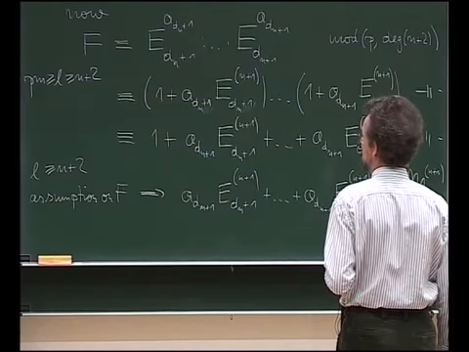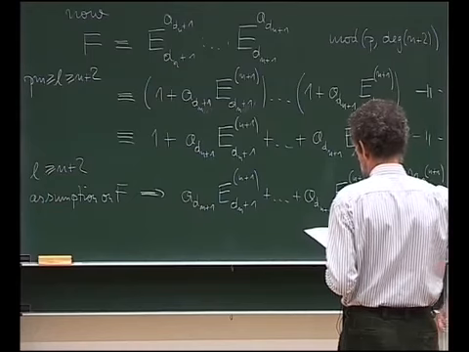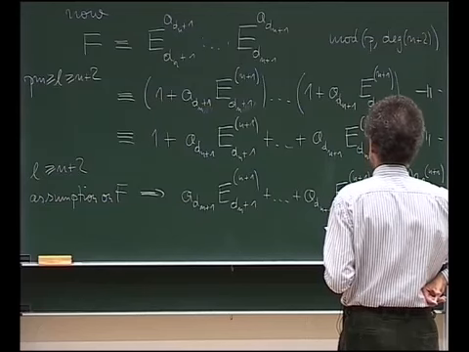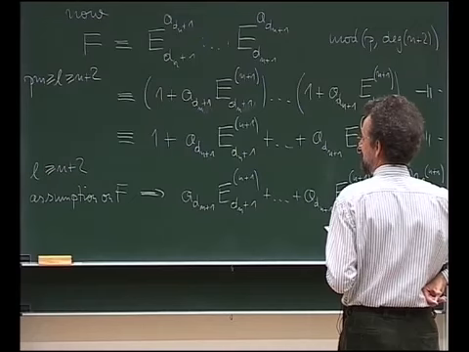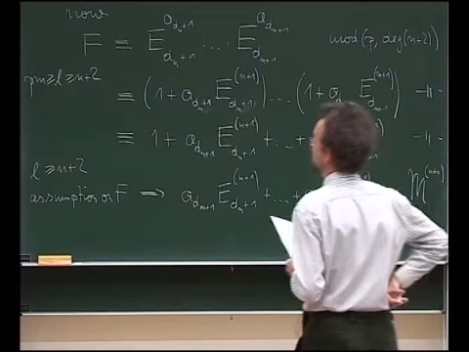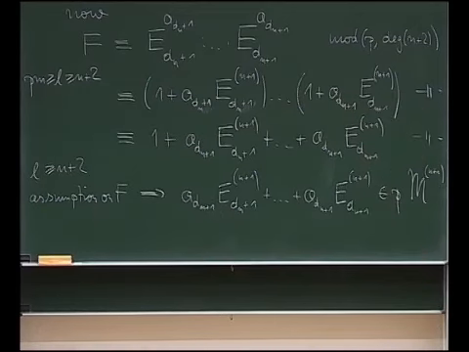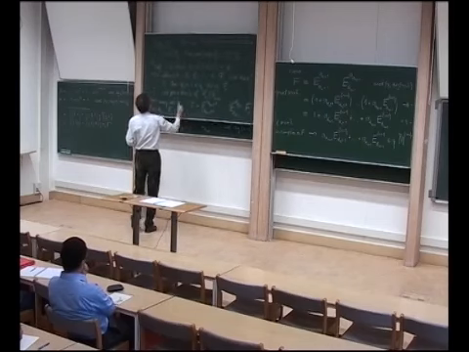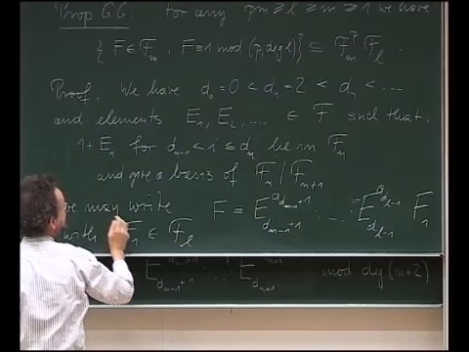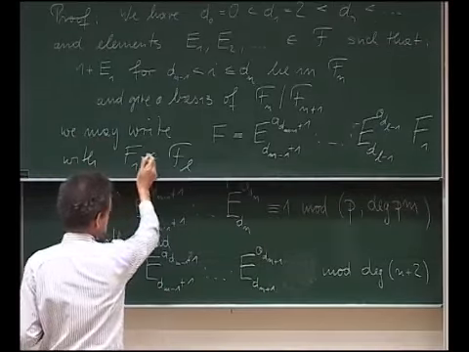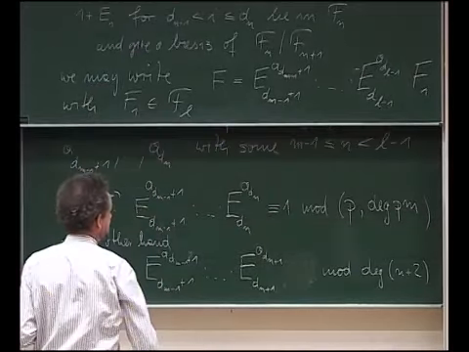Should these e's be e minus 1, or is that built into your notation? When you have e d_{n+1} in parentheses, n plus 1. I guess you're right. These should be, okay, I should write them as 1 plus e_i or so.